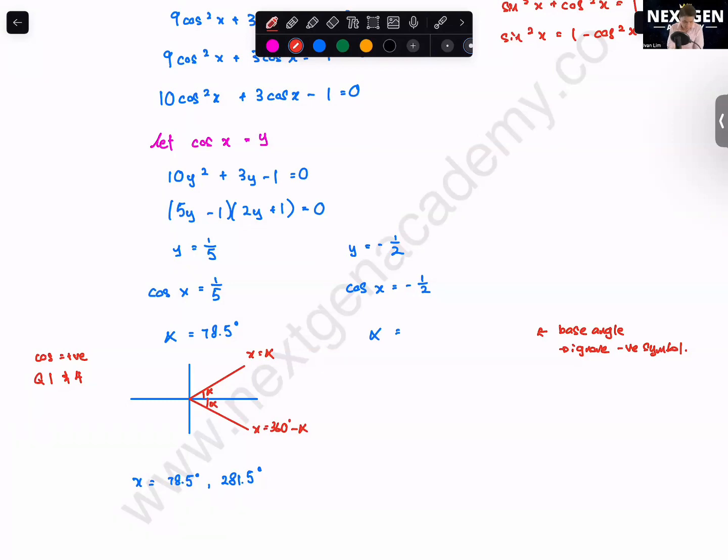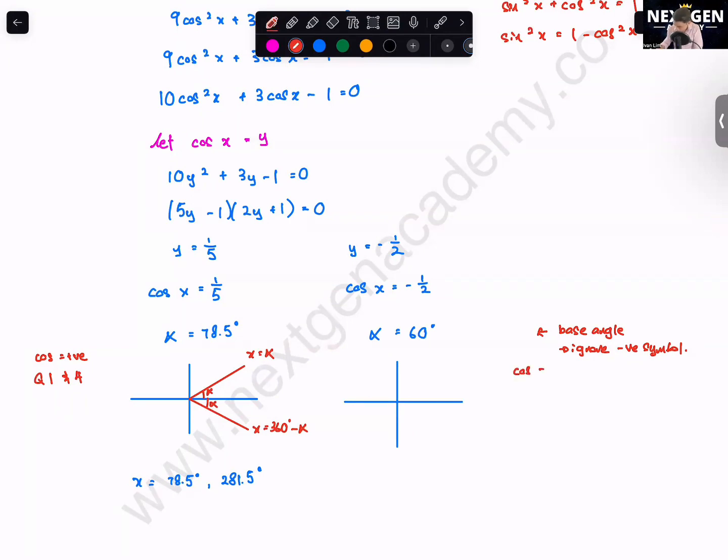Otherwise, if you type in shift cos negative 0.5, let's see what you get. You only get one answer, 120. So my advice is to find the base angle alpha first, inverse cos 1 over 2, so 60 degrees.